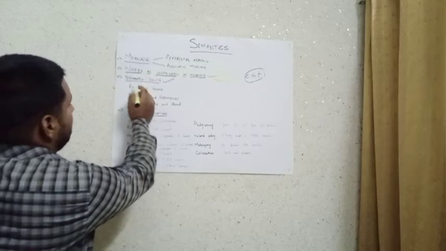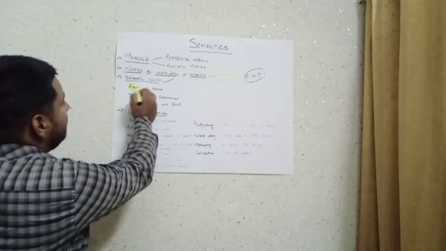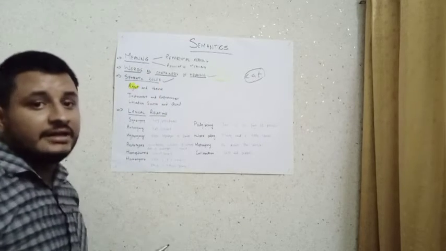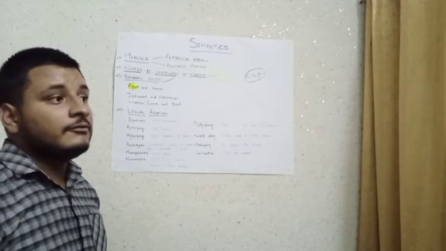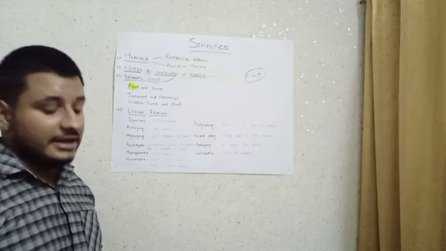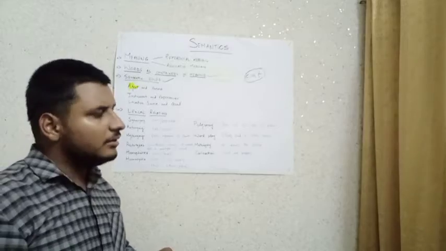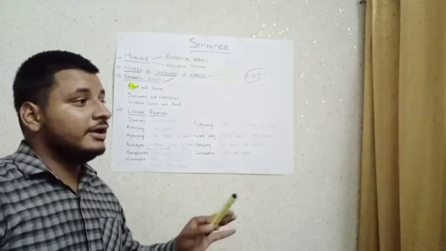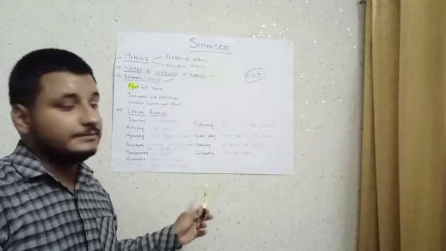Let's discuss the agent. An agent in a sentence is a noun which performs an action. For example, I say that Ali wrote a letter. Here Ali is an agent.